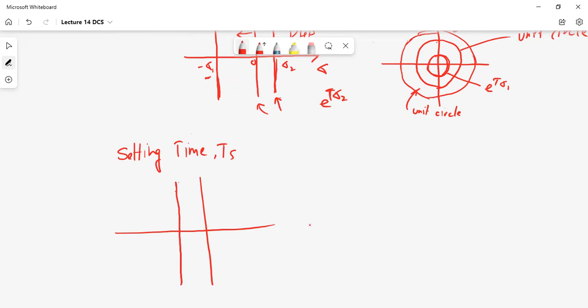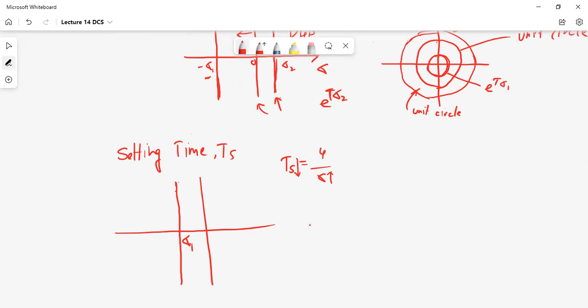So this is your sigma 1. And we know from the formula from classical control that TS is related to 4 by sigma. And now, the higher the value of sigma, the lower the value of TS.